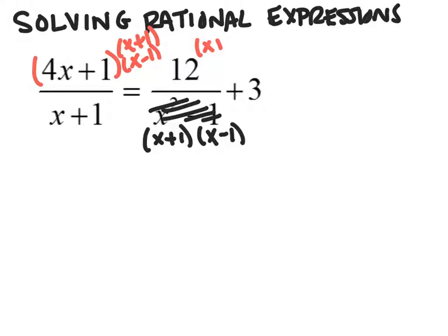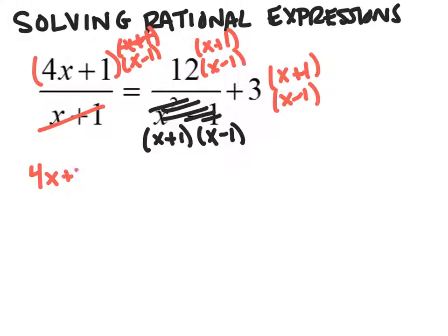So I'm going to do that with each of the terms, and because of space, I'm just writing it this way. Now, these cancel, leaving me with 4x plus 1 times x minus 1. Here, everything cancels, leaving us just strictly with 12.